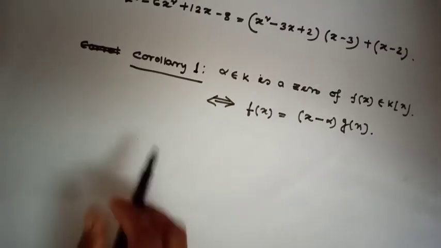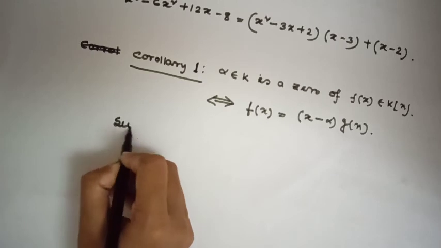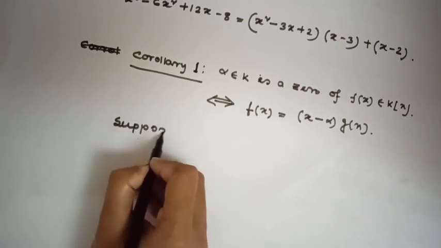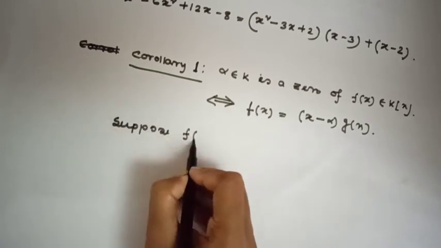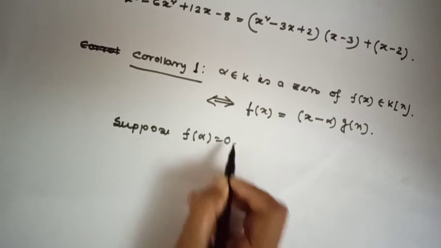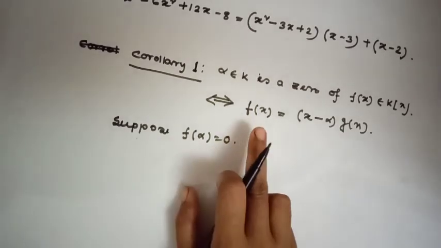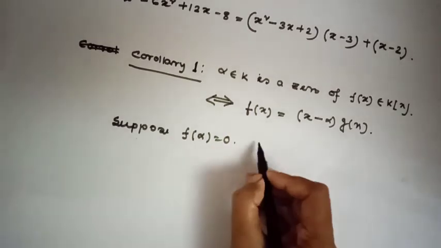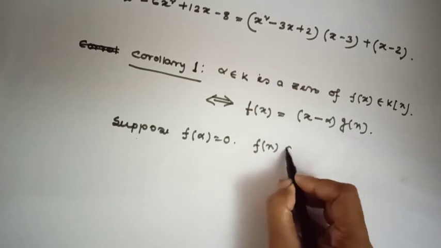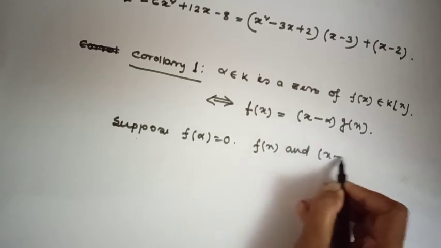Suppose alpha is a zero. Do the division algorithm with f(x) and x minus alpha.